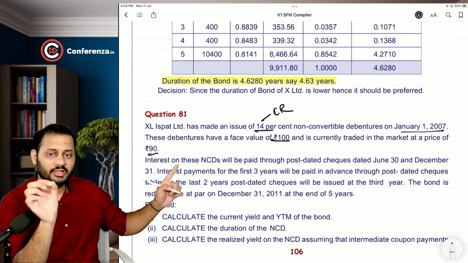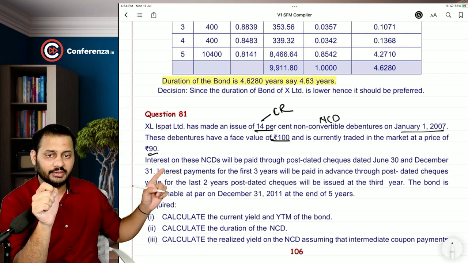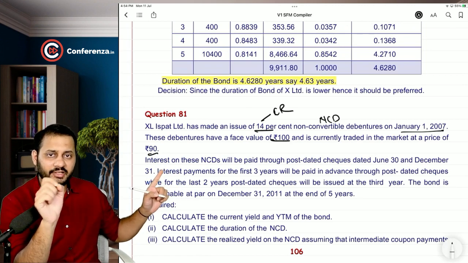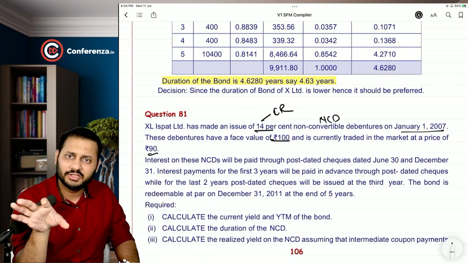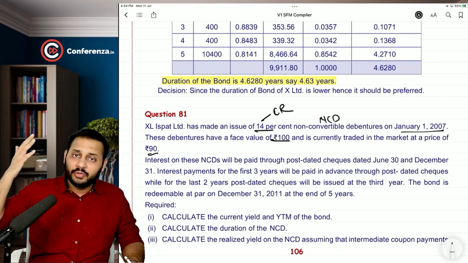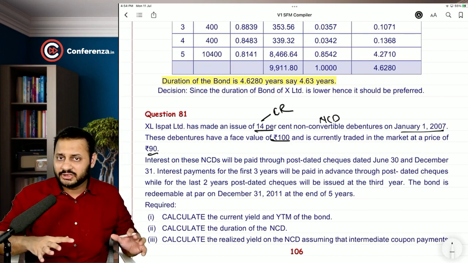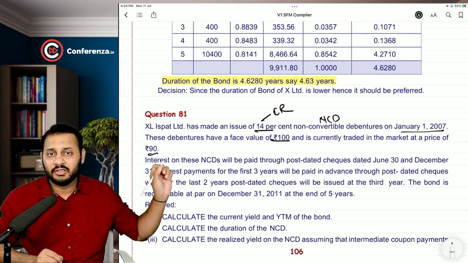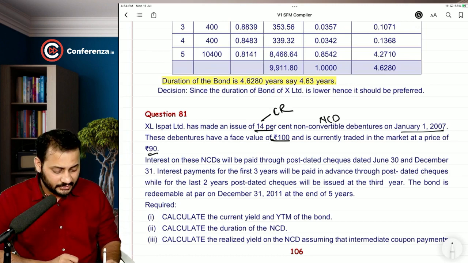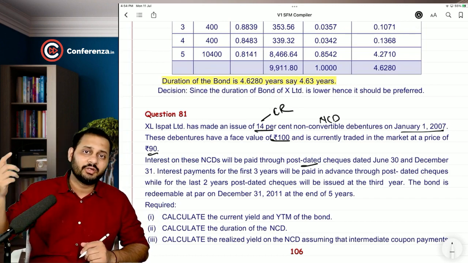Interest on these non-convertible debentures will be paid through post-dated checks. That means I will write down all the checks for the future, like the interest which is payable 2 years later, 3 years later, and whenever. Post-dated checks means I will put a future date on that. What happens if I put a future date on a particular check?